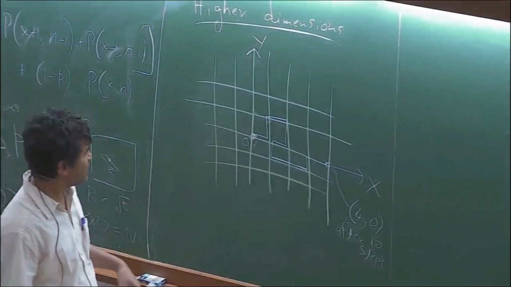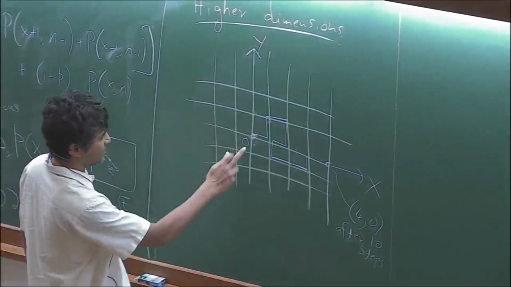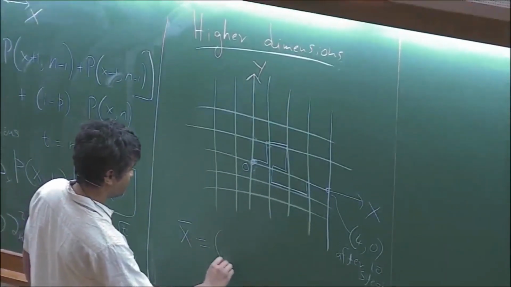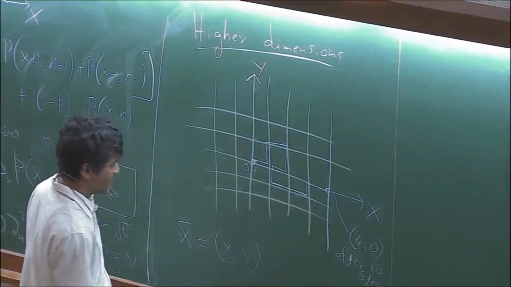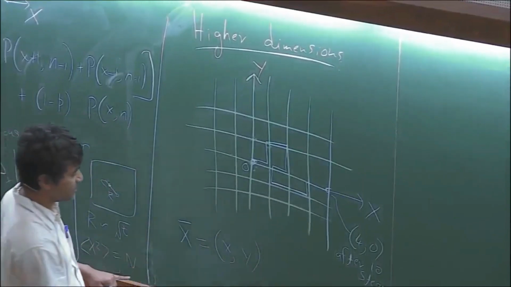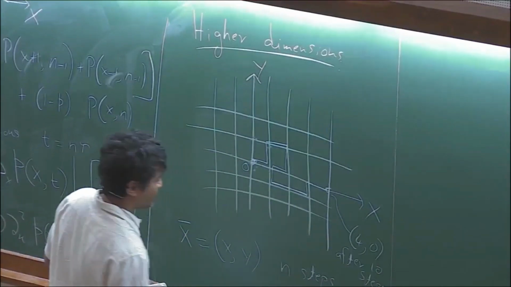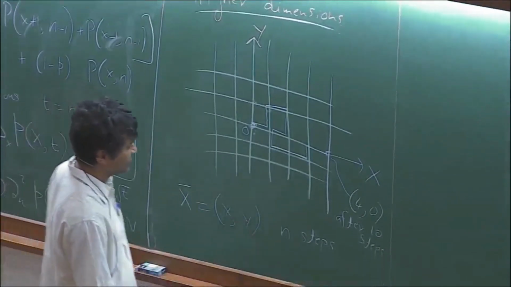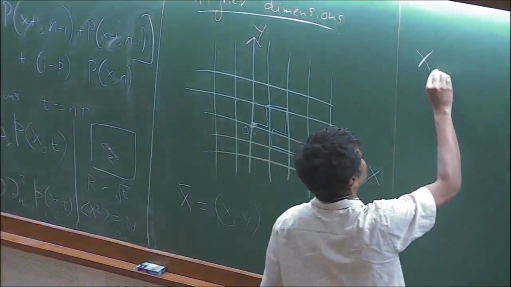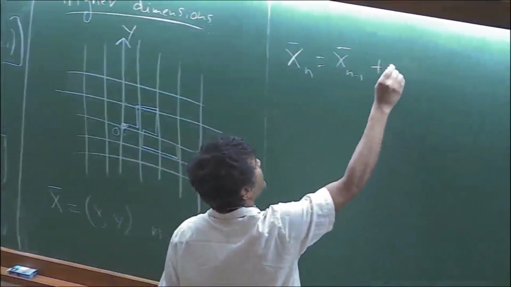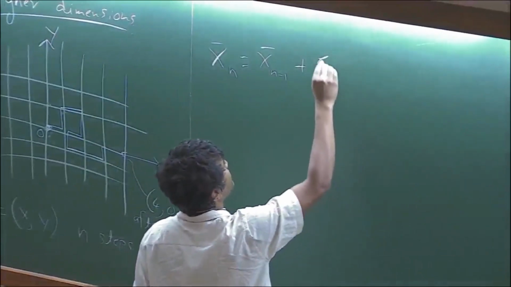So now we'll call x bar equal to, let's say, x and y. This is the position of the walker after n steps. And so x_n bar equals x_{n-1} bar plus a vector i_n bar.